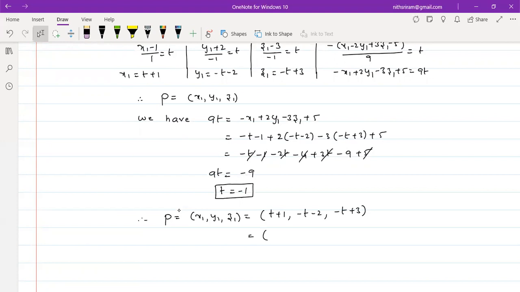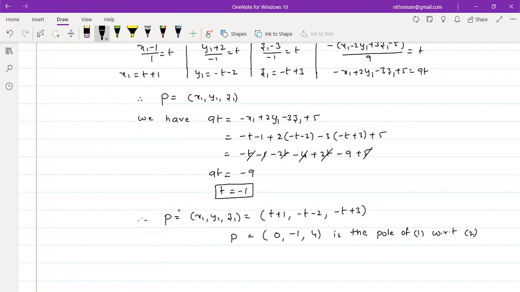So we get minus 1 plus 1, 0. Minus of minus means plus 1, 1 minus 2 is minus 1. Minus of minus is plus 1, 1 plus 3 is 4. Therefore (0, minus 1, 4) is the pole of plane 1 with respect to sphere 2.